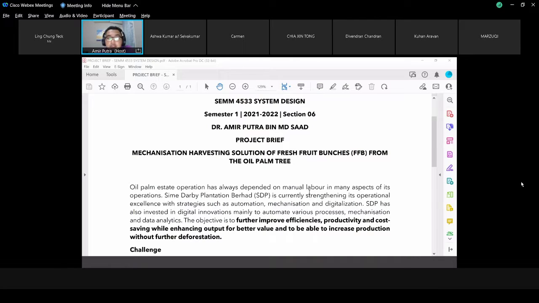What we have noticed nowadays is that the price of palm oil has risen a lot, and it will stay steady until February next year. Because during this COVID situation, there is a shortage of labor in the plantation.